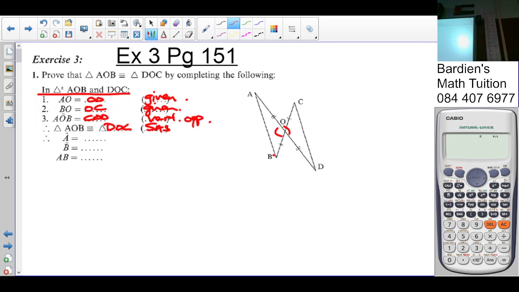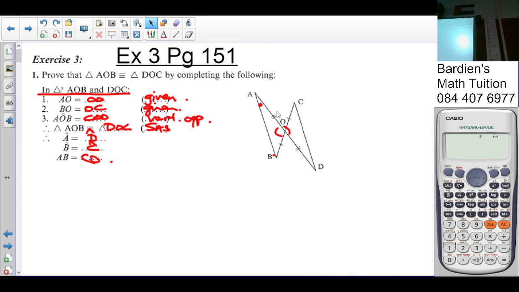This concludes that angle A is equal to angle D. Can you see that? Angle B is equal to angle C, yes? And AB is equal to CD, DC, CD is the same. You all agree with that?